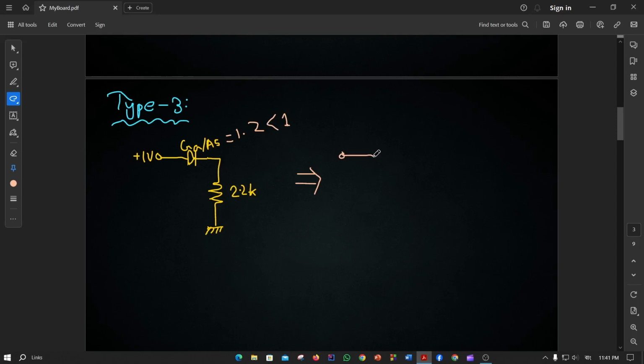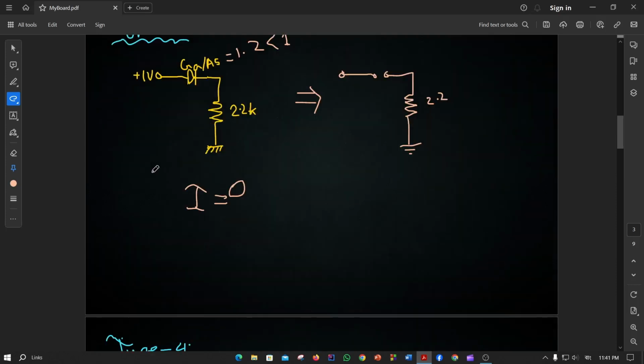So the gallium arsenide diode will be off, so the circuit will open at the diode. This is the same as type 2, the current will be 0.